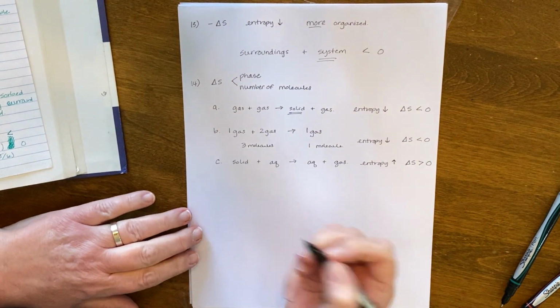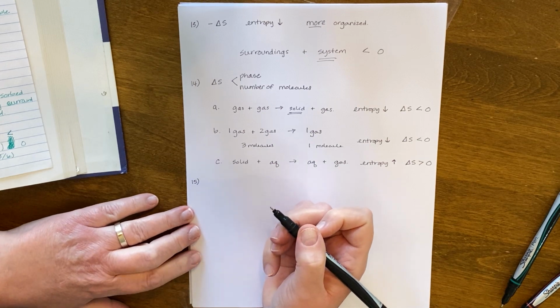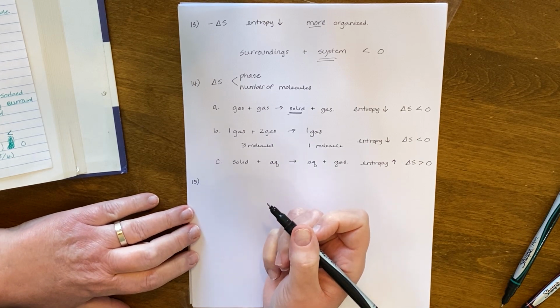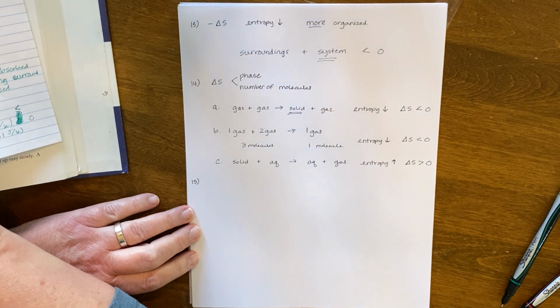Okay, number 15, we're going back to that same combustion problem that we had in number 8. In number 8 we calculated the change in enthalpy. Now we're going to calculate the change in entropy.